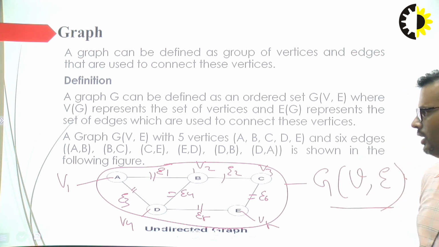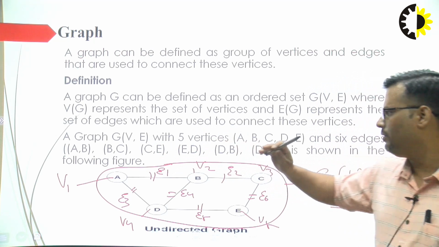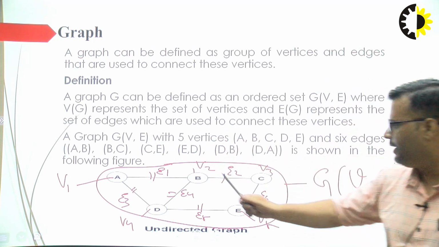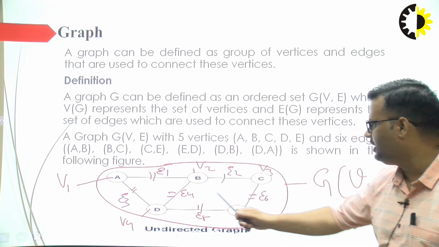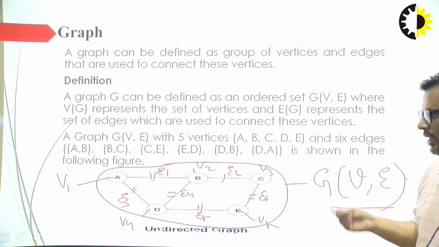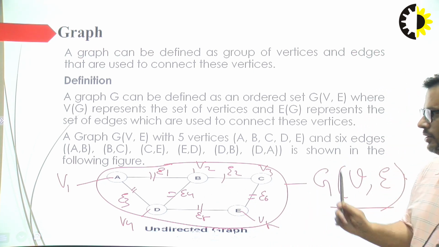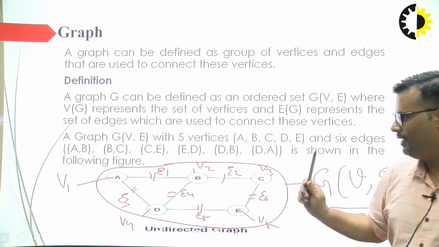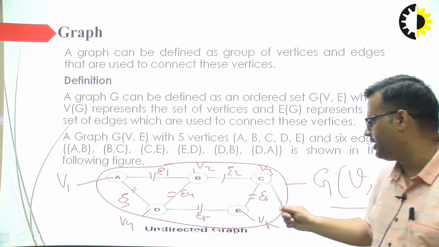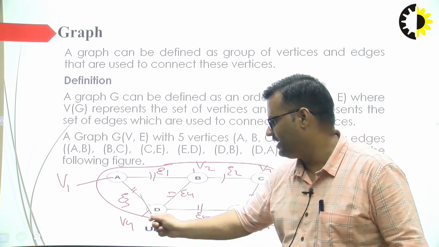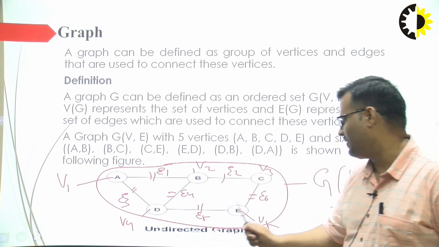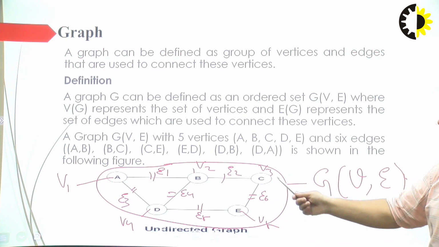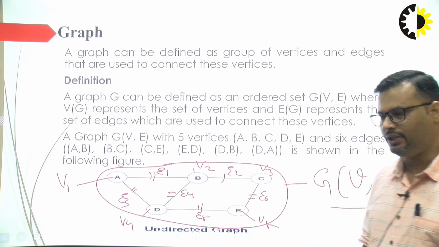So a graph G(V, E) with 5 vertices A, B, C, D and E. If you want to connect these vertices, it is done through the edges. AB is edge 1, BC is edge 2, AD is edge 3, DE is edge 5, and CE or EC is edge 6.